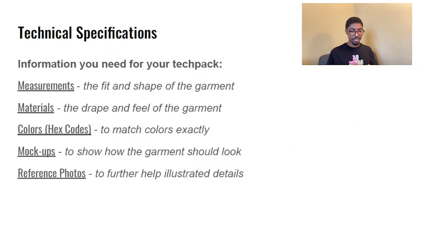But this right here, the technical specifications, this is everything that you're going to need to go into your tech pack, right? And what is a tech pack? It is simply a document that tells your manufacturer how to make your clothes, right?